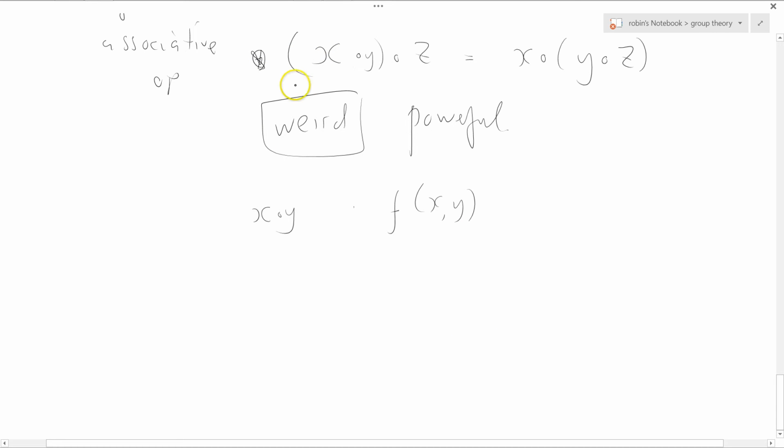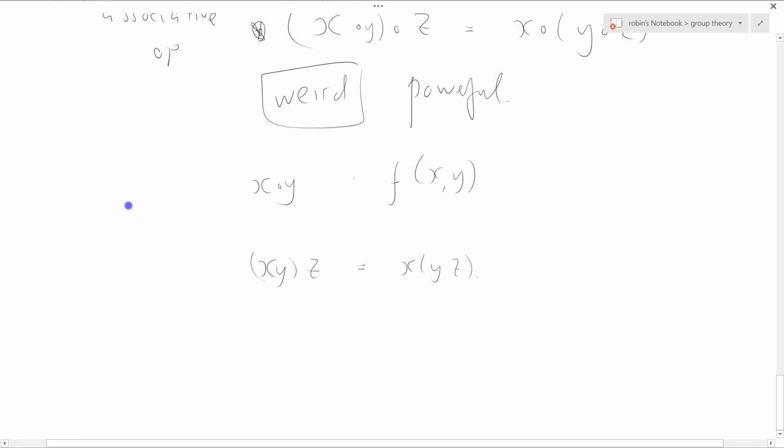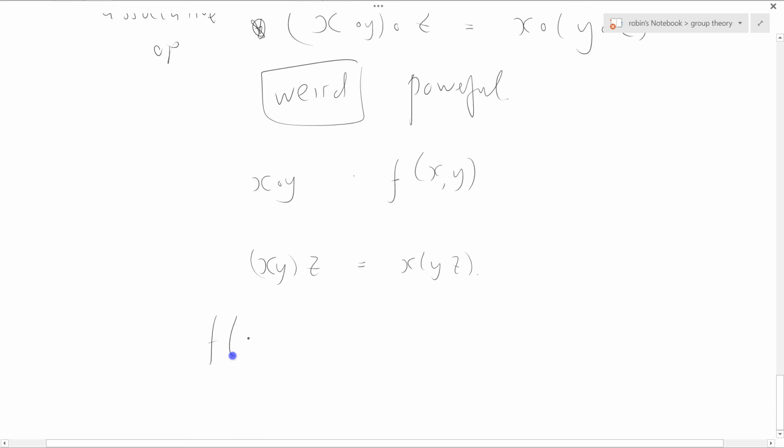So what does that say? So we've got (xy)z equals x(yz). So that says that f of f of x comma y, comma z. Why is that? Because this bit here is equal to the product here, and this overall bit here is the whole thing, because we've operated with z, equals f of x comma f of y comma z.